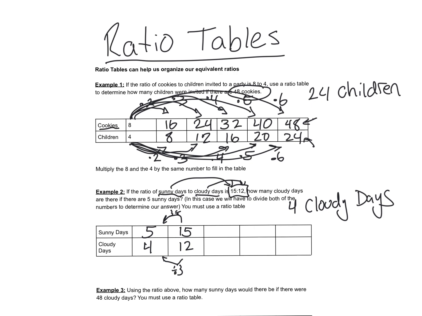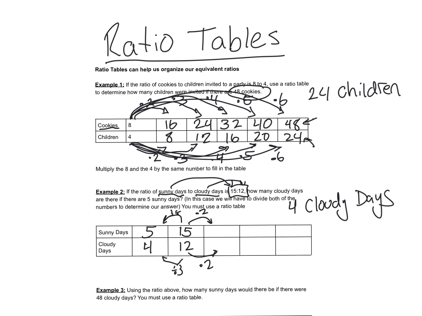But if we look at our next question, it says using the ratio table above, how many sunny days would there be if there were 48 cloudy days? Okay, so now we need to multiply to get to that answer. So I could start with my 5:4, or I could multiply my 12 times 2 and my 15 times 2.